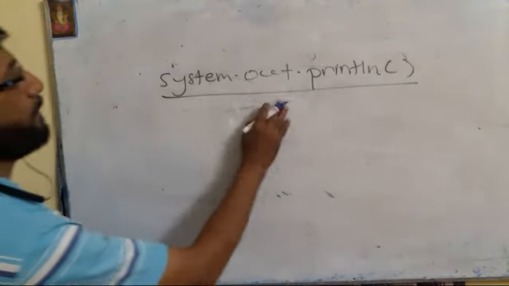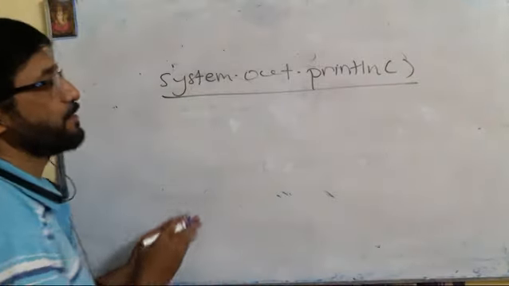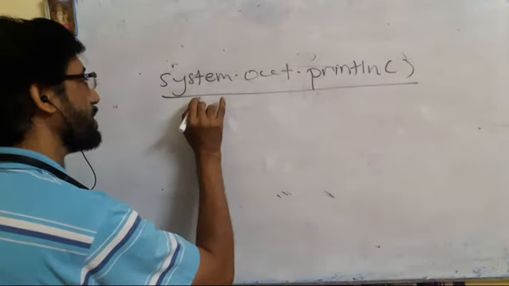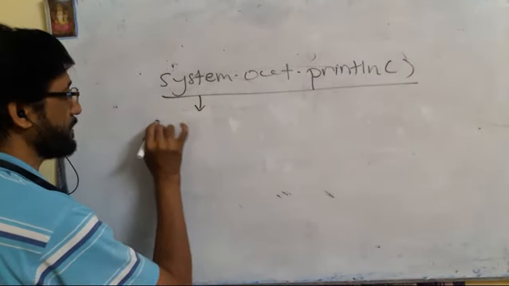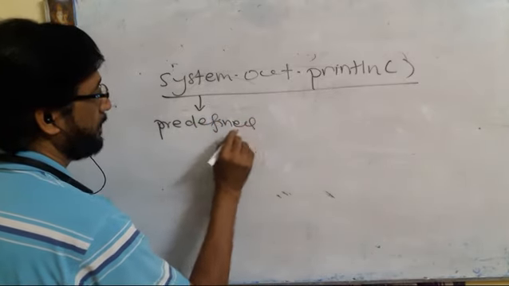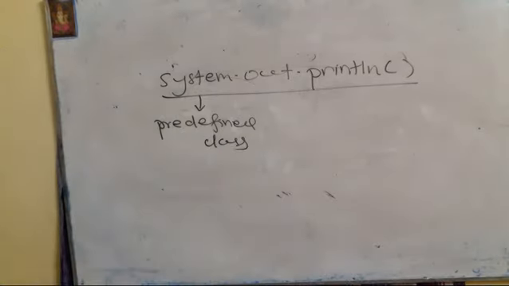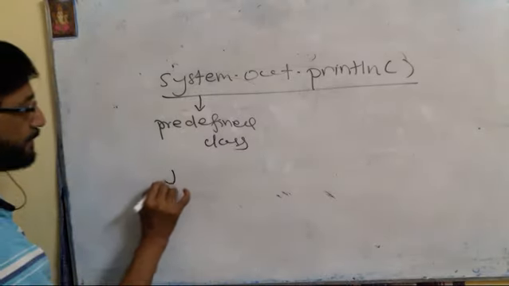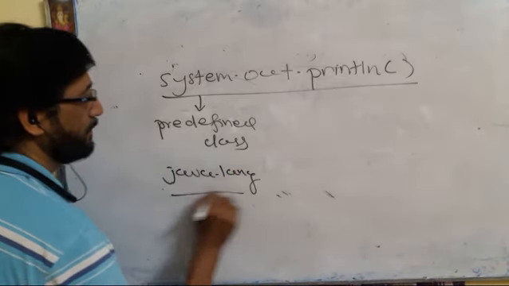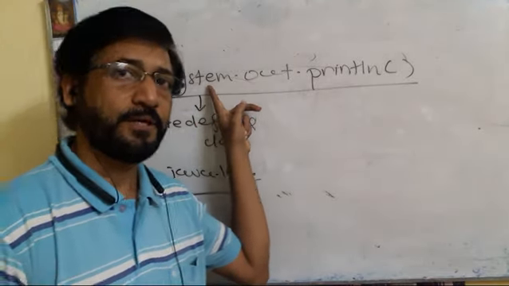But there are three different parts of this statement. This is, no doubt, an output statement. The output statement consists of three parts: system, out, and println. System is a predefined class, and this predefined class System is present in the java.lang package, so this class can be used without importing.